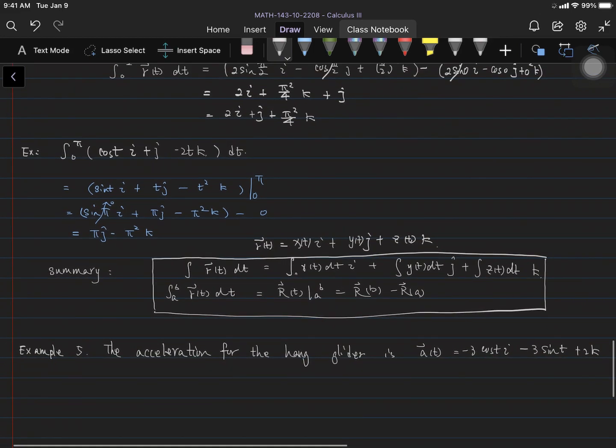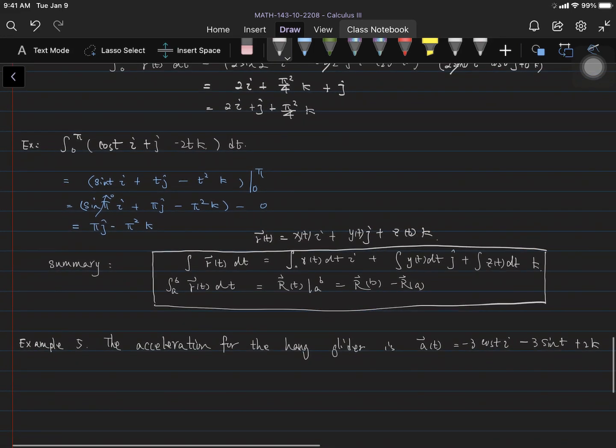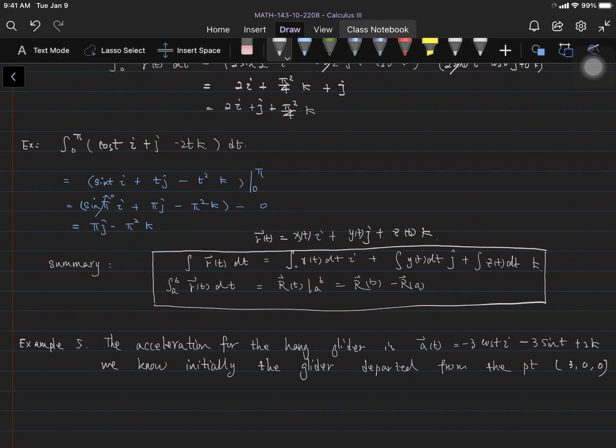Now we know that initially the particle departs from the point (3, 0, 0) with velocity 3j.